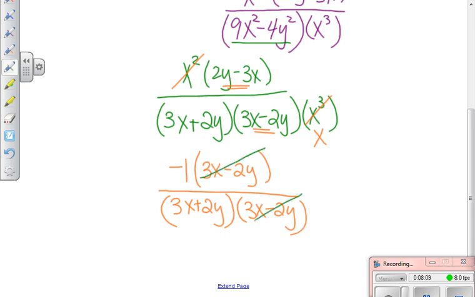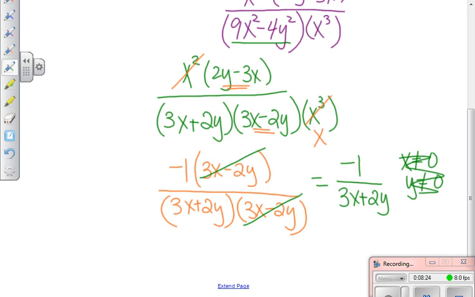They cancel, and I'm left with negative 1 over 3x plus 2y. X cannot be 0 and y cannot be 0 because, oops. Well, don't worry about the restrictions on that one. That restriction is beyond what we are talking about.